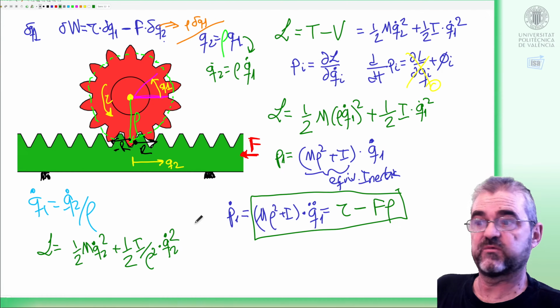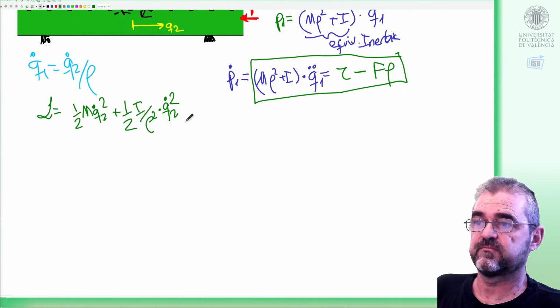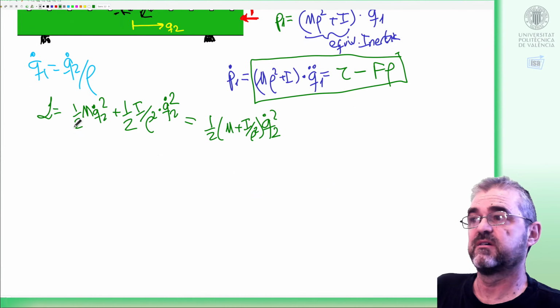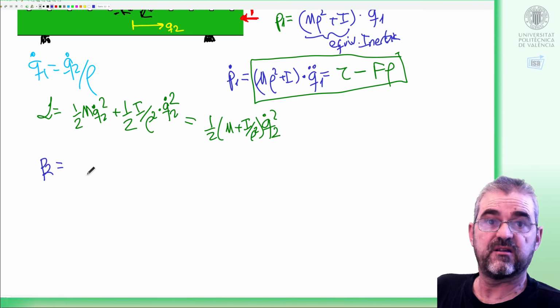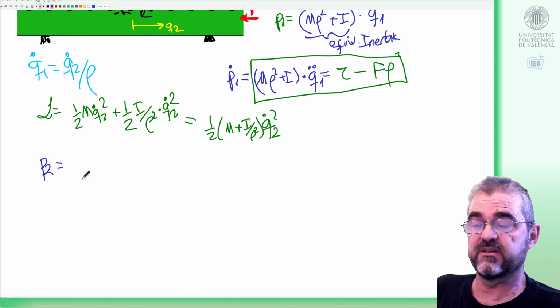So indeed, with that Lagrangian, which I will summarize to these expressions, then I will have the momentum in the second coordinate.